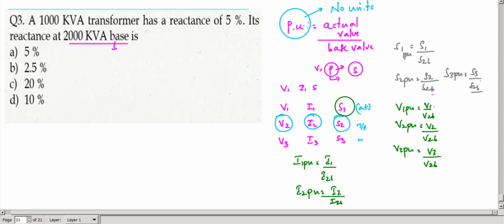Now consider Z. I know Z equals V by I, voltage per current. Z per unit equals Z actual by Z base. What is Z base? Z base equals V base by I base.